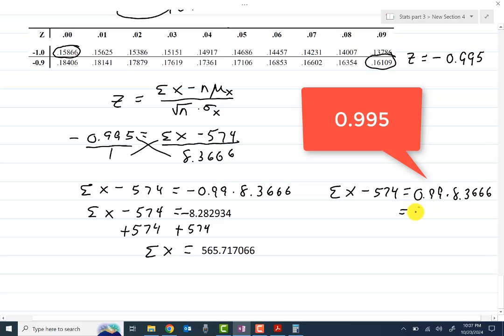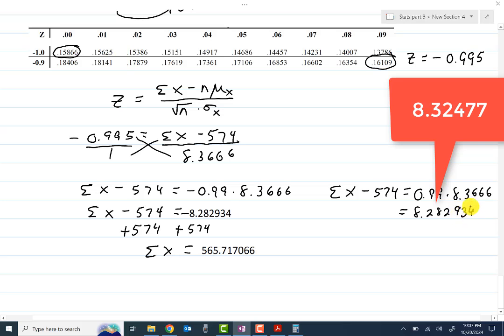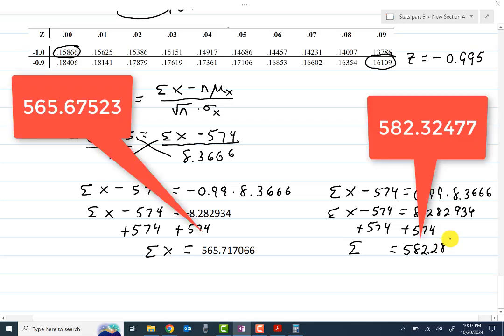And the numbers will be exactly the same. I think these are more decimal places than I really wanted, but I guess I'll just put them for now. So then our 84th one is going to be 582.282934. This is the 16th here, and this is the 84th.